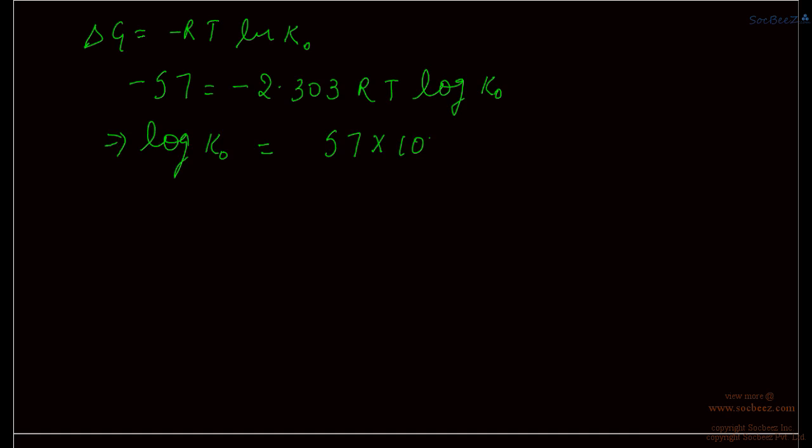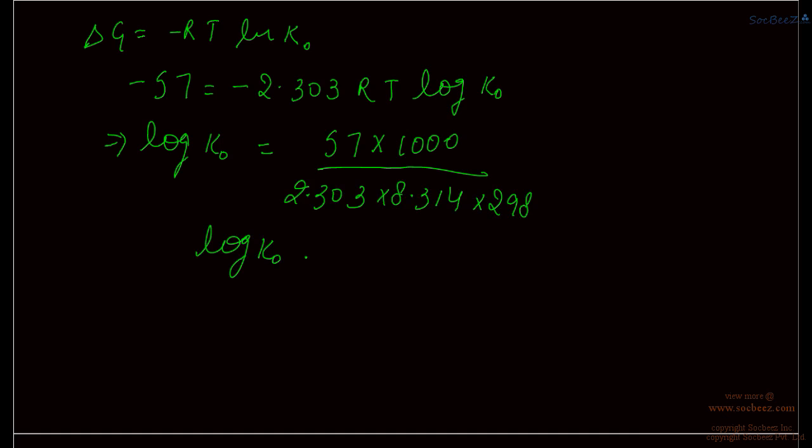So log K naught equals 57 into 1000 divided by 2.303 into 8.314 into 298, which is 9.98, or we can take it as 10.